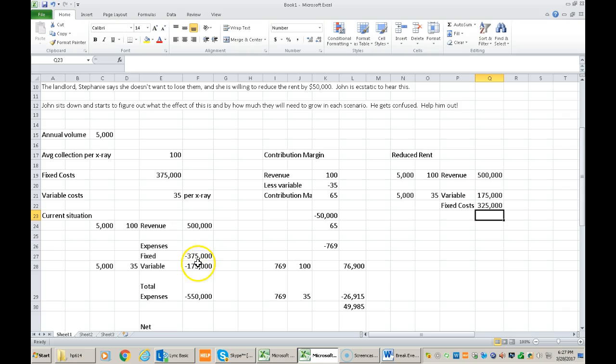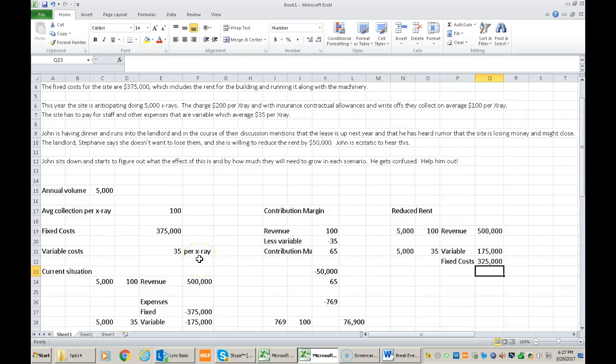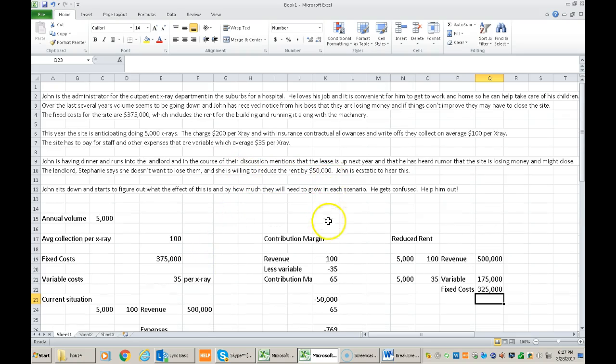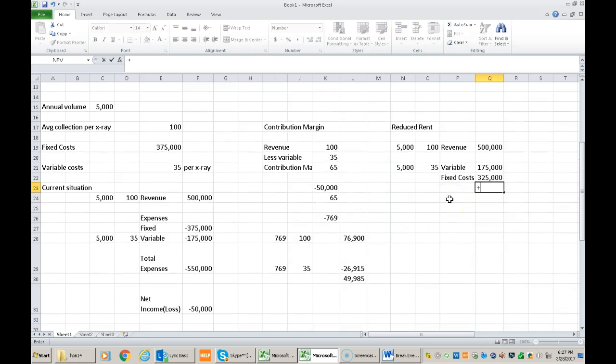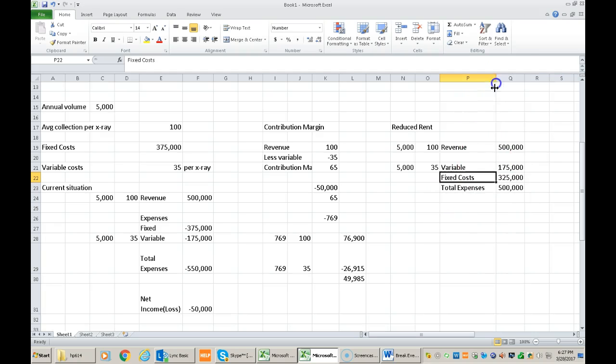Okay, so we took 375 minus 50. So here our total expenses are 500,000. And so here we break even, right?